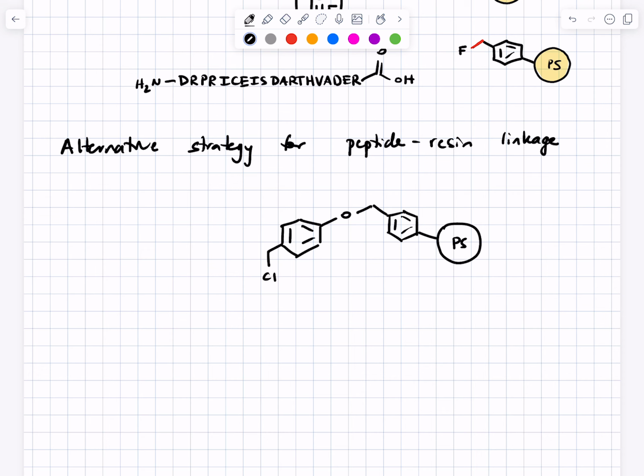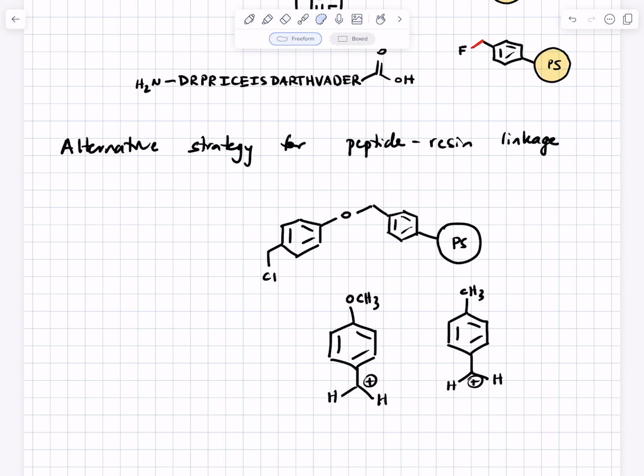For reasons that don't immediately look obvious, but basically, to understand why this changes the properties of the resin, I need you to think about the relative stability of the following two carbocations and what you know about resonance electron donating groups versus withdrawing groups.